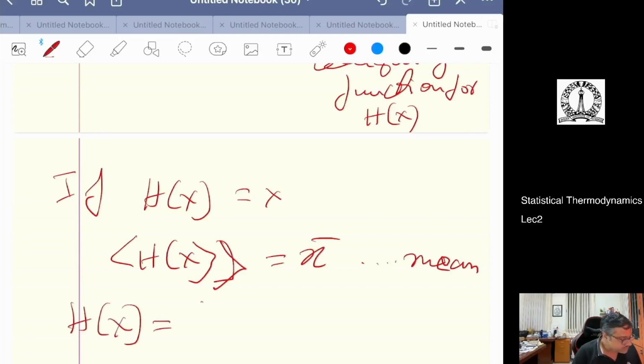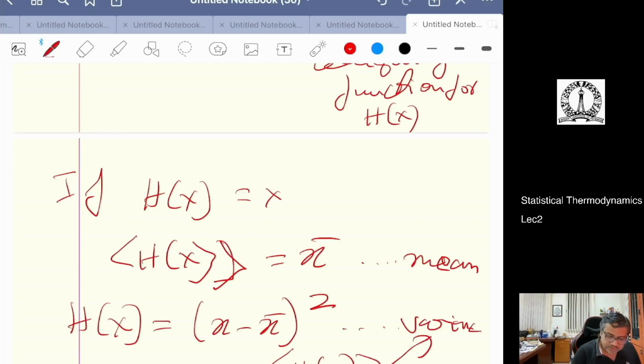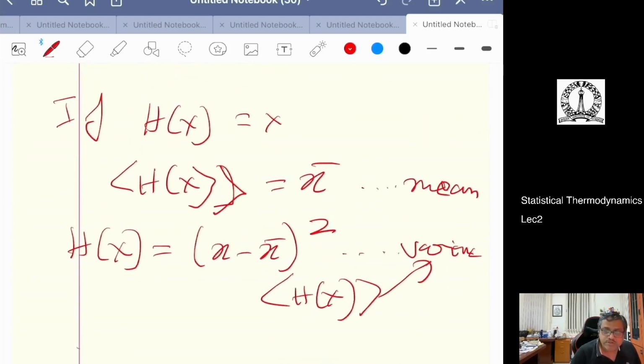If h(x) is (x minus x bar) square, then this gives you the variance. So these are basically what we call statistical moments.